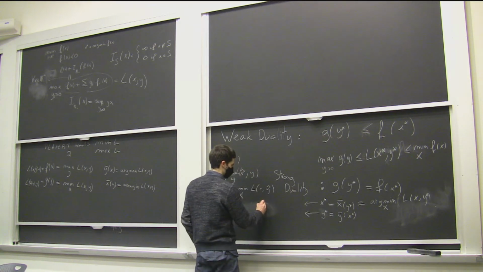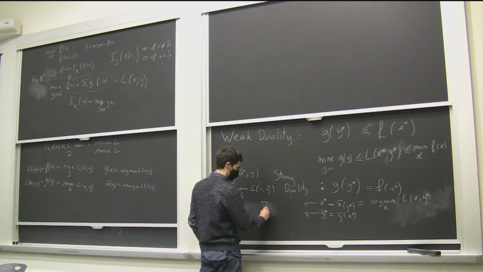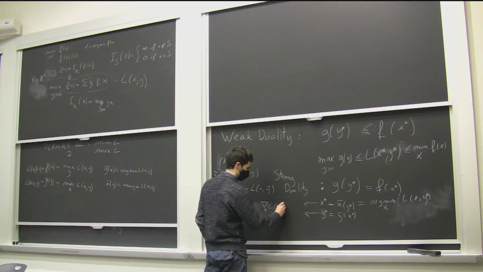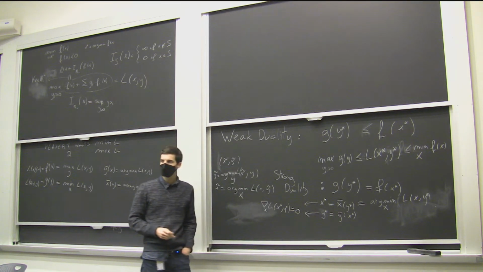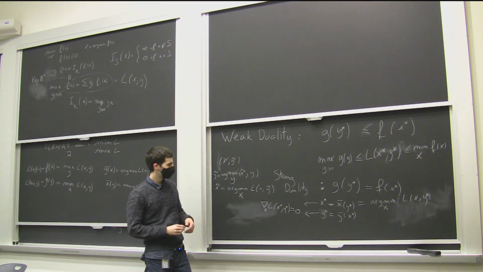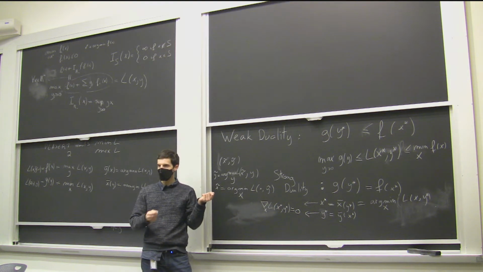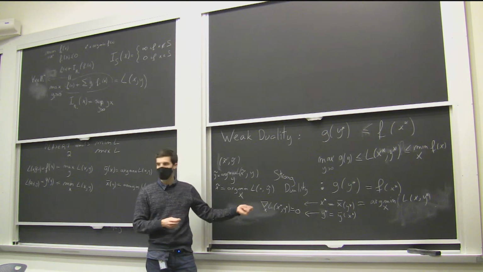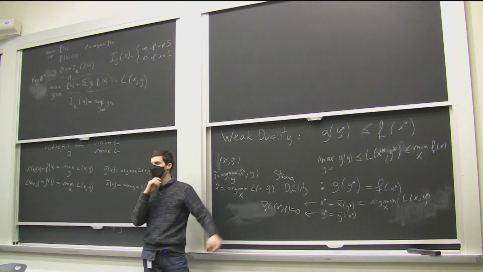And so you can say that the gradient of L, if you take the Lagrangian, you differentiate it only with respect to x, and then you evaluate at x star, y star, you know this is 0.